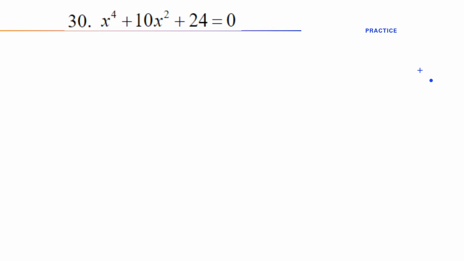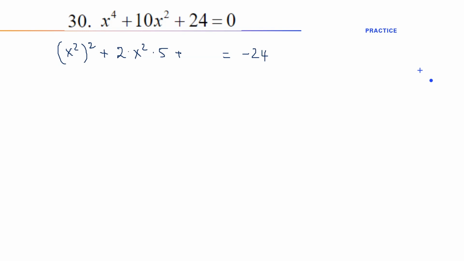Number 30. We have worked on ones before, so x squared plus 2 times x squared times 5. Move the 24 over here.